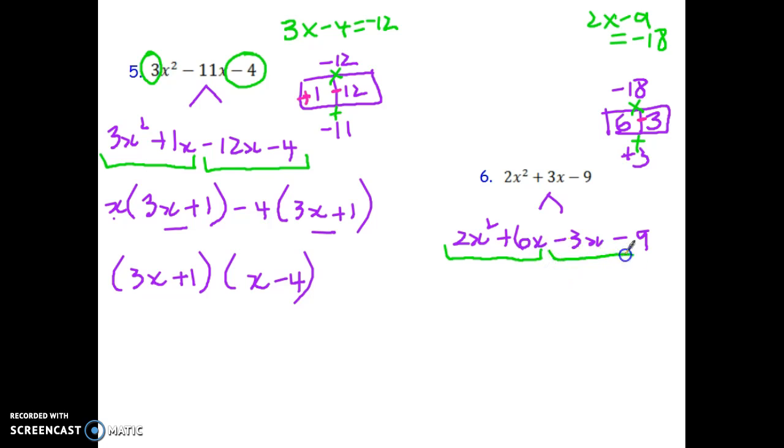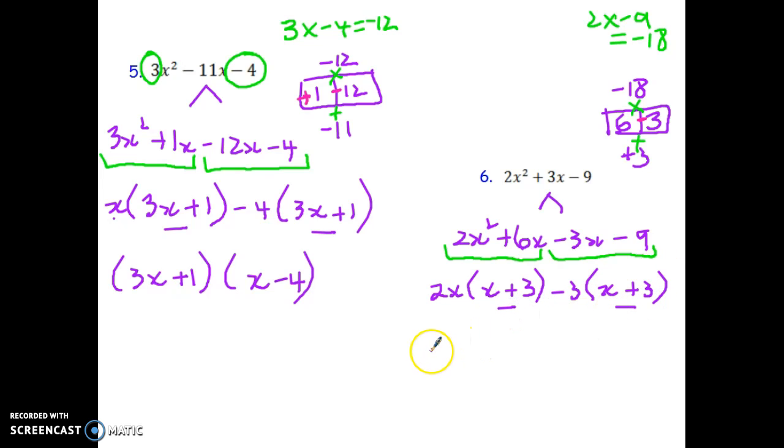Group your 2 and 2. Common factor here is 2x outside of x plus 3. Common factor here is minus 3 outside of, keep in mind where you're going, and x minus 3 out of a minus 9, I've got a plus 3 left.